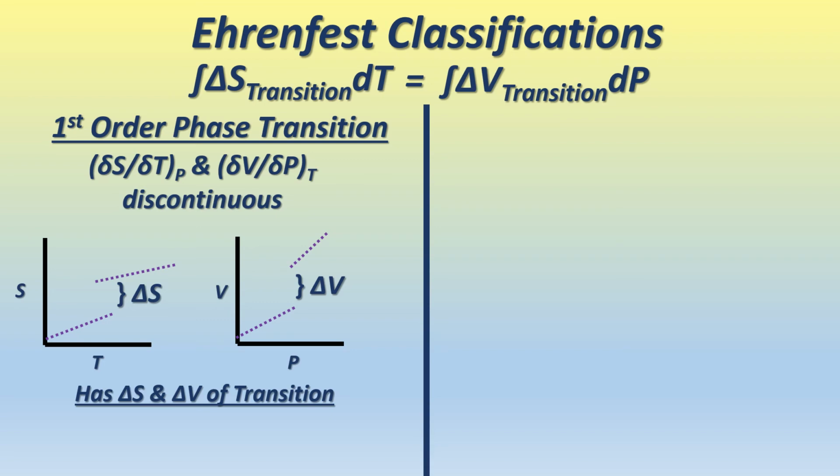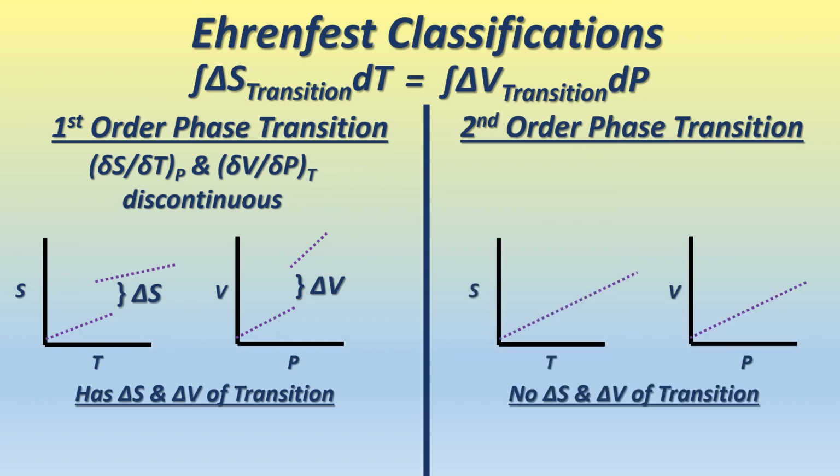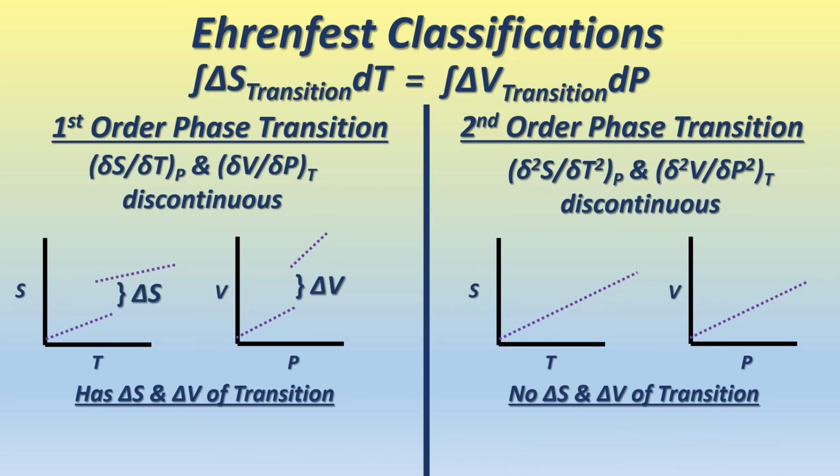That gap represents a delta S for the transition or a delta V of the transition. The second Ehrenfest classification, second-order transitions, are continuous in the first order. Therefore, there's no change in entropy or volume, but there's a discontinuity in the second-order plot. The second derivative of entropy with respect to temperature is the heat capacity.